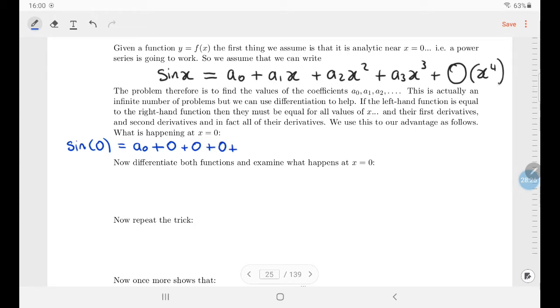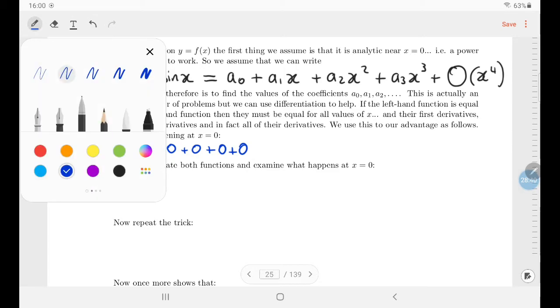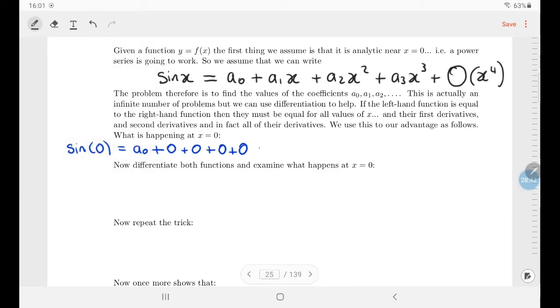And now this is where the order notation is useful. These are all less than a multiple of 0 to the 4, so they all are 0. And sine of 0 is something that we know. So we found that a0 is actually equal to 0.